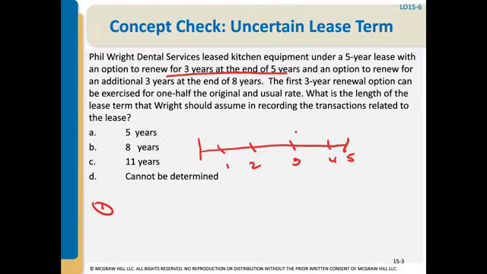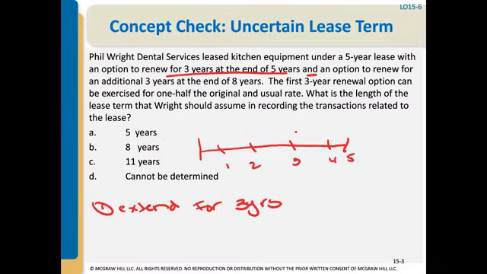Option number 1 is we extend for 3 years to 8 years, right? There's a 5-year lease and there's an option to renew for 3 years at the end of the 5th year and an option to renew for an additional 3 years at the end of 8 years.